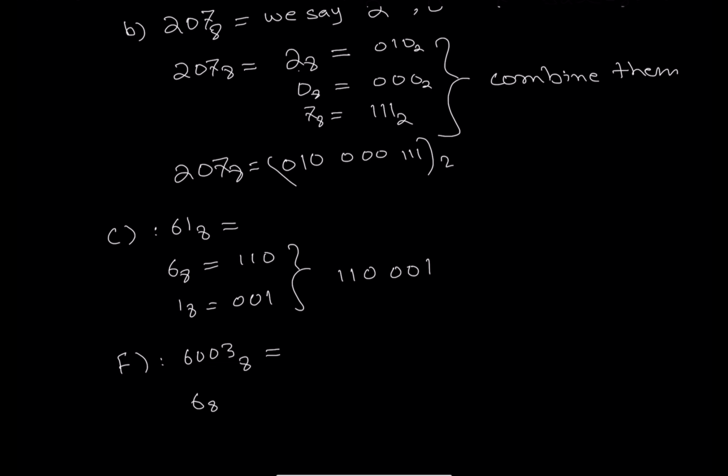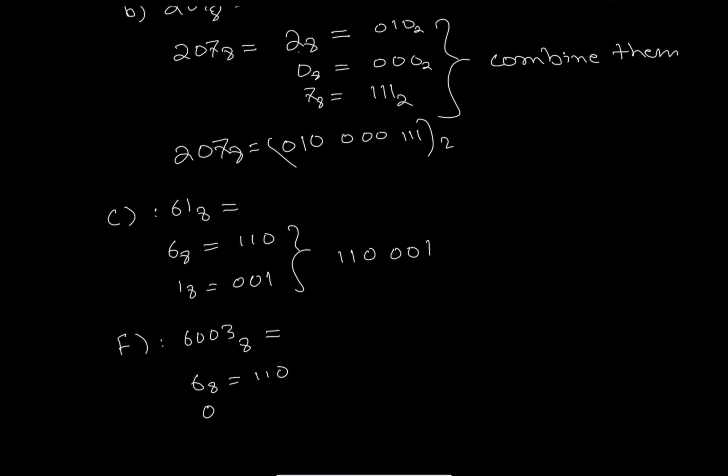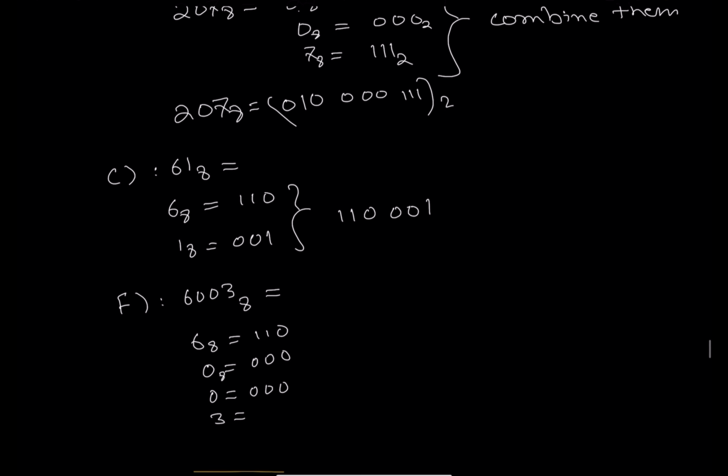6 base 8 is equal to 110, and 0 is 000, and 0 is again 000, and 3 will be 011.